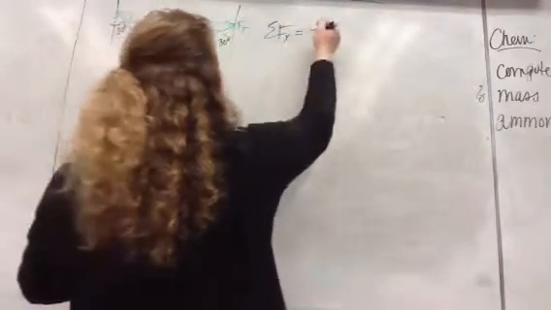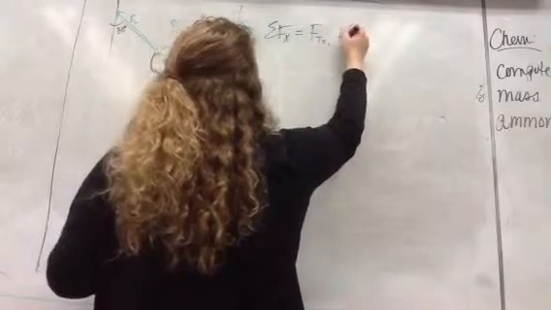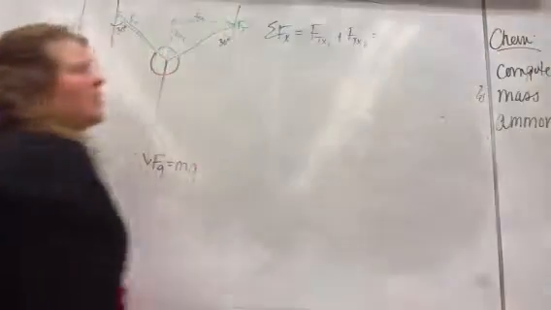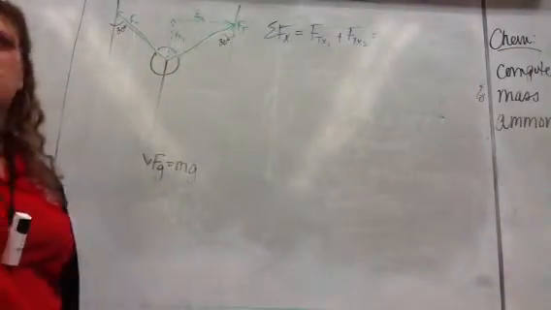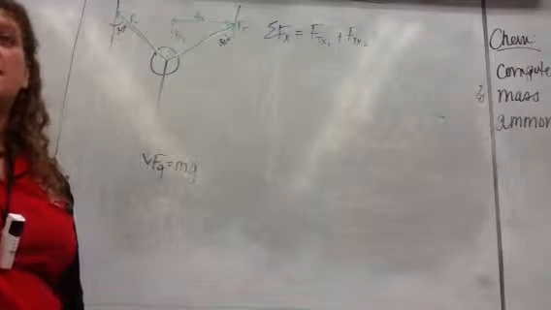Sum of forces on the x is equal to force of tension on the x1 plus force of tension on the x2. Furthermore, is this gorilla moving side to side? No. So the sum of forces on the x is 0.